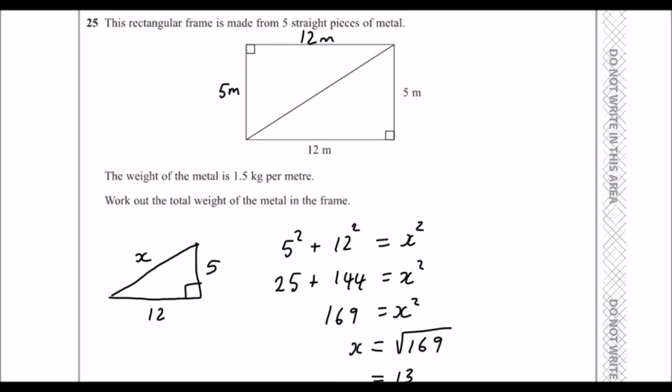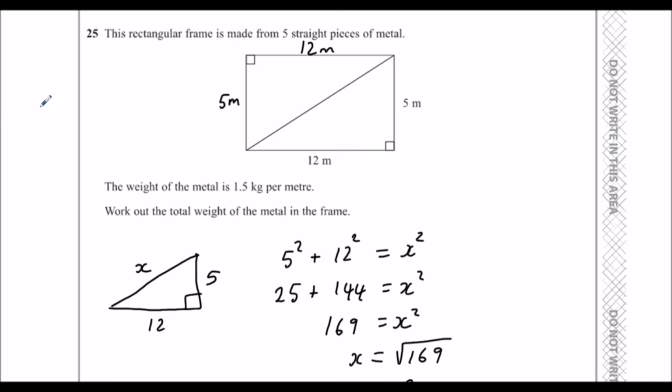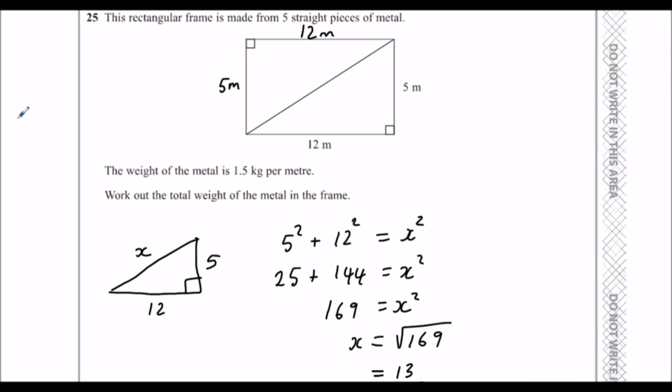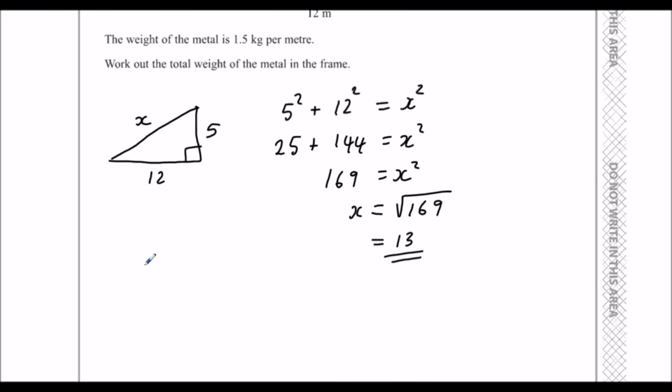So we can work out the total length now of metal. We've got 2 5s, 2 12s, and 1 13. So I'll write 2 5s plus 2 12s plus 13. And that will be the total length. 2 5s are 10. 2 12s are 24.